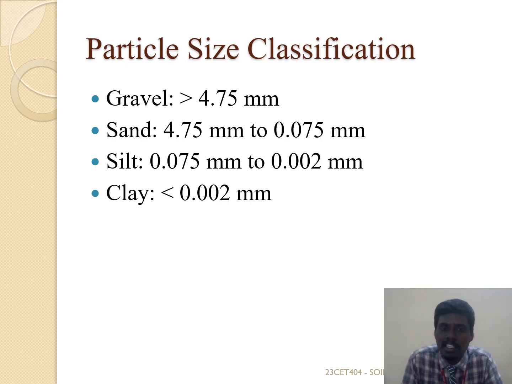If it ranges from 0.002 millimeter to 0.075 millimeter, the soil is categorized as silt. Above 0.075 millimeter, the soil is classified as sand, up to the size of 4.75 millimeter. Above 4.75 millimeter, the soil is classified as gravel.